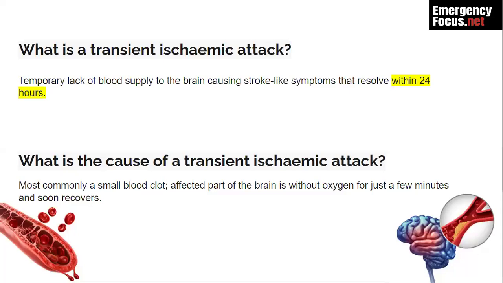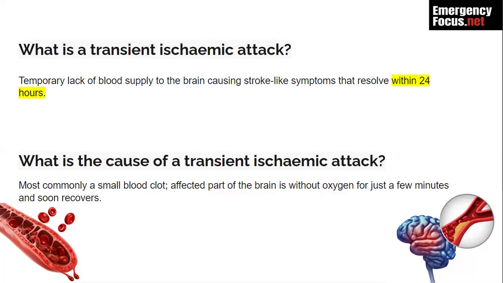So first things first, what is transient ischemic attack? Basically, it's a temporary blockage of an artery in the brain by a clot, and it resolves within 24 hours. It gives symptoms, but it resolves within 24 hours. And what is the cause of transient ischemic attack? Of course, a blood clot.